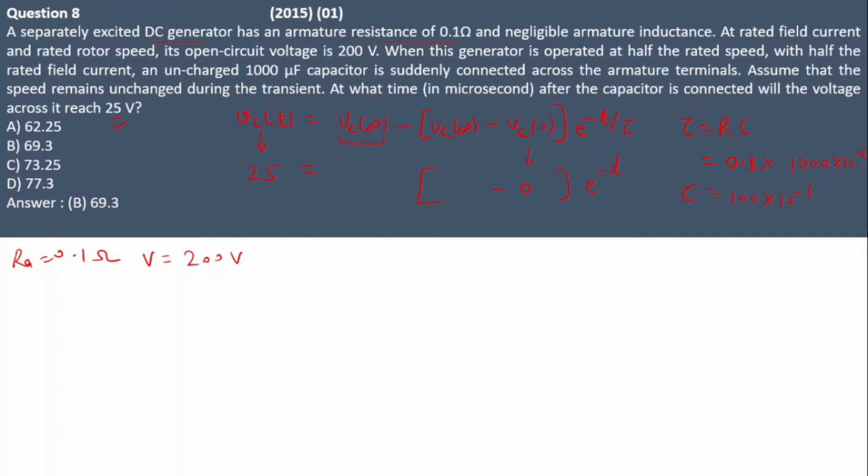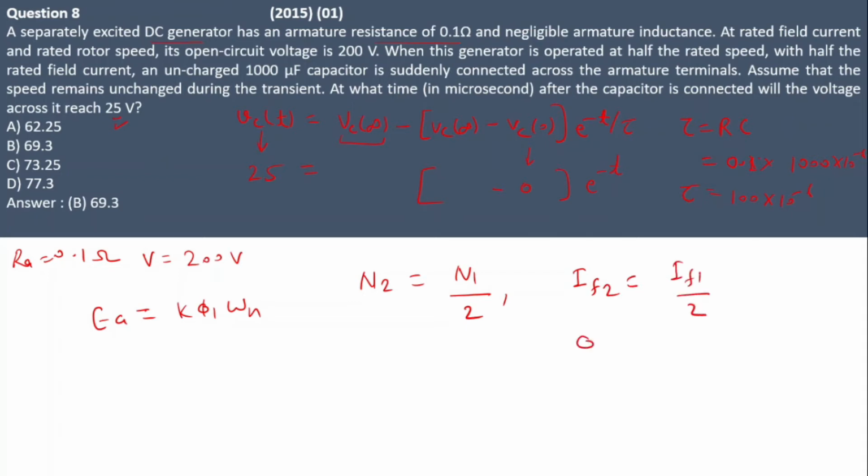First, find out the back EMF, K phi omega. Here some relationship is given to you. The open circuit voltage is 200 volt at rated field current and rated speed. When the generator is operated at half the rated speed, N2 is N1 by 2, and with half the rated field current, IF2 equal to IF1 by 2.